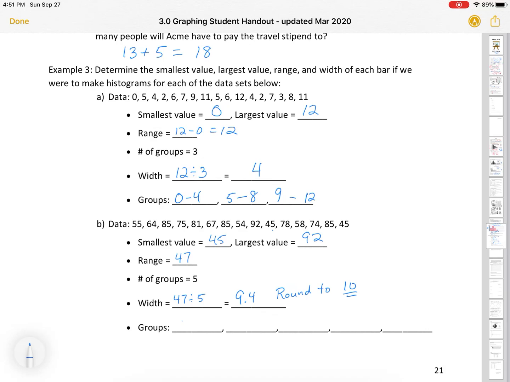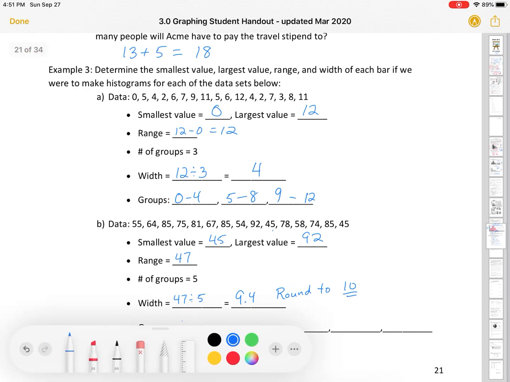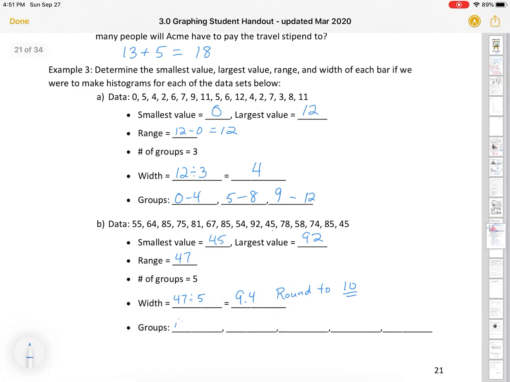So my smallest value is 45. So if I go 41 to 50, 51 to 60, 61 to 70, 71 to 80, I'm not going to get there. 81 to 9. I'm going to have to start at 45, which is fine. I can do that. So, starting again.